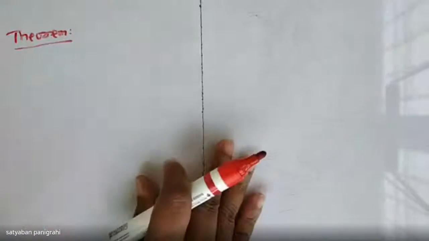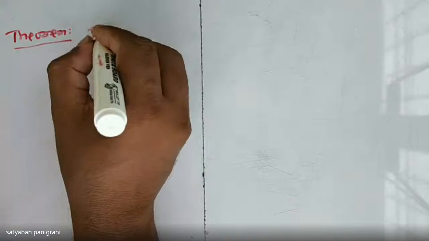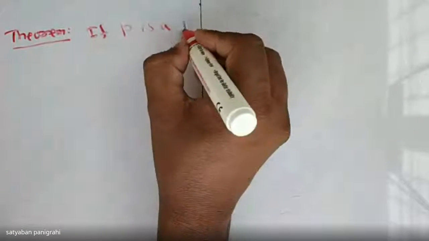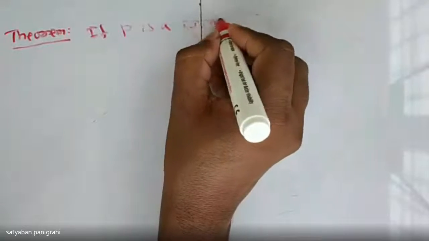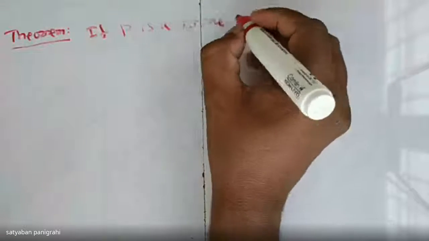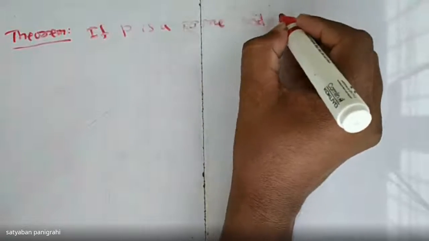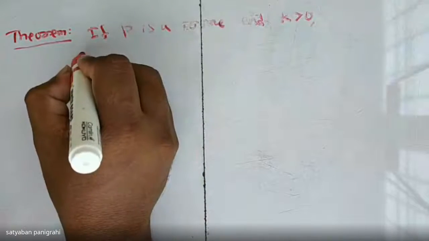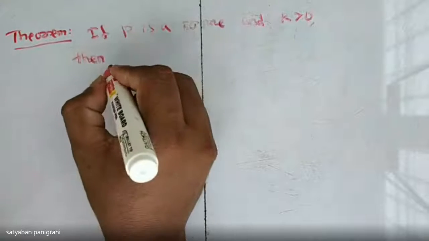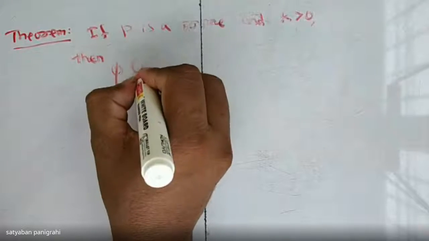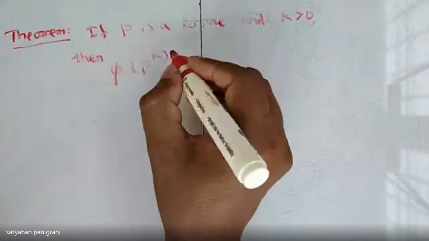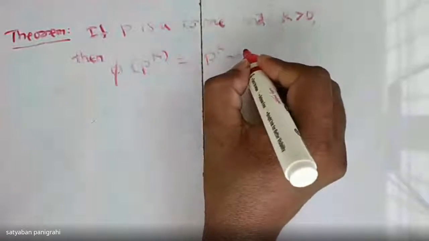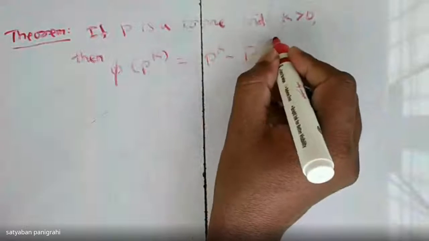What does it say? If p is a prime, and k is greater than 0, then phi of p to the power k equals p to the power k minus p to the power k minus 1.